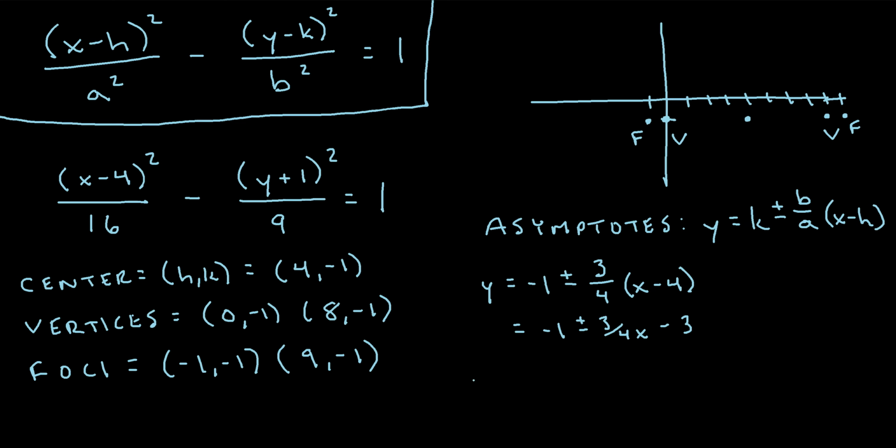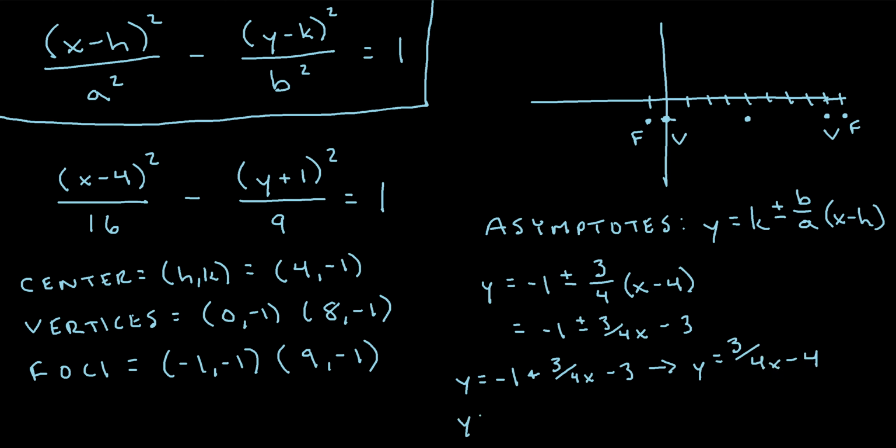If we do that, our two asymptotes are y is equal to -1 plus 3/4 x minus 3, which can be shortened to -1 plus -3, that's -4. So this asymptote is y is equal to 3/4 x minus 4.